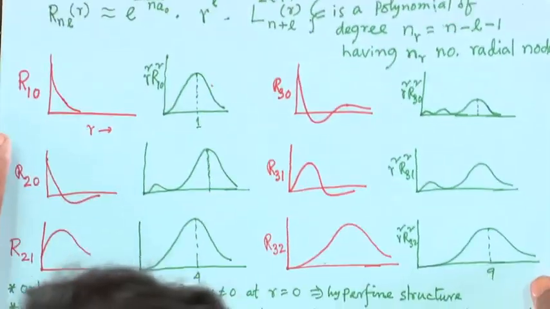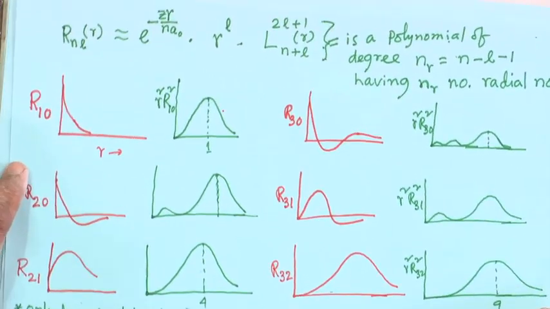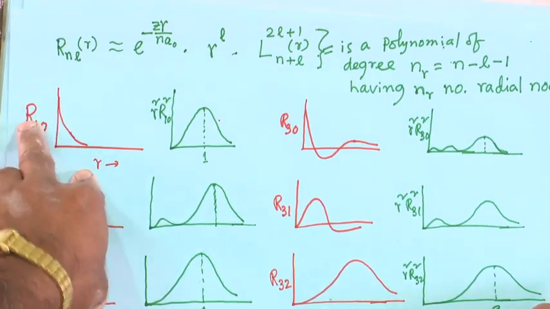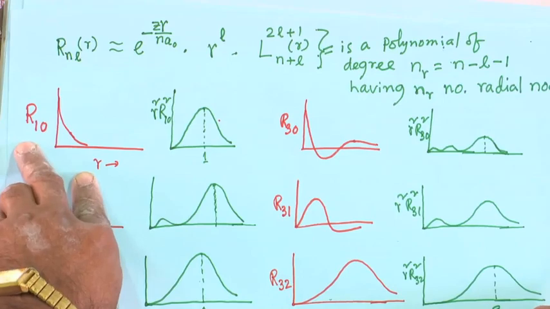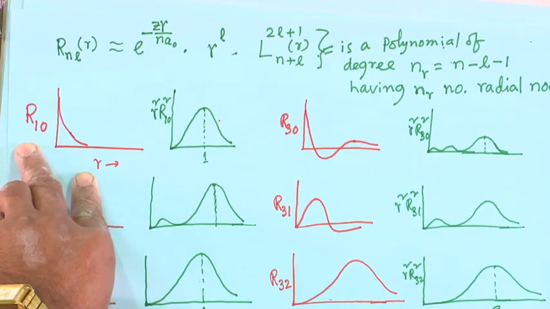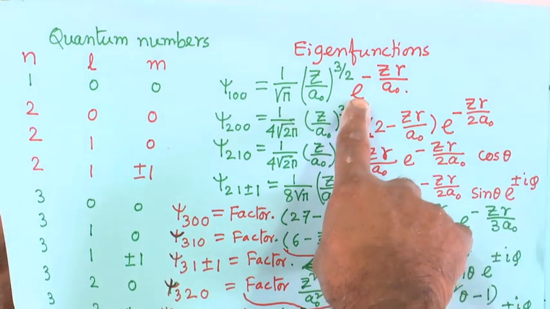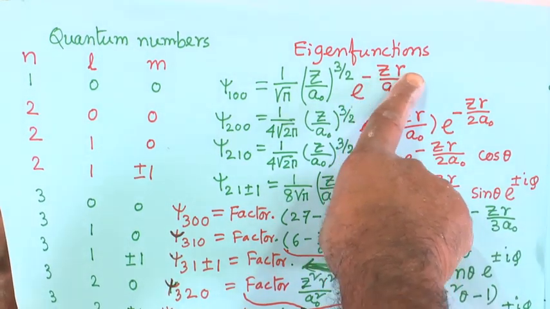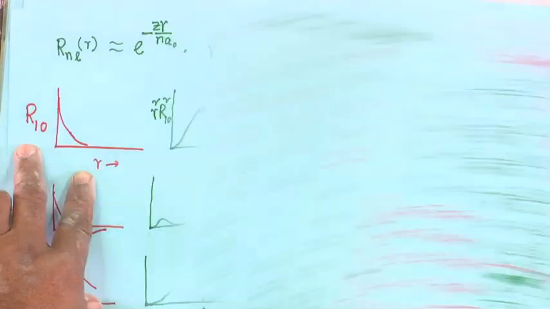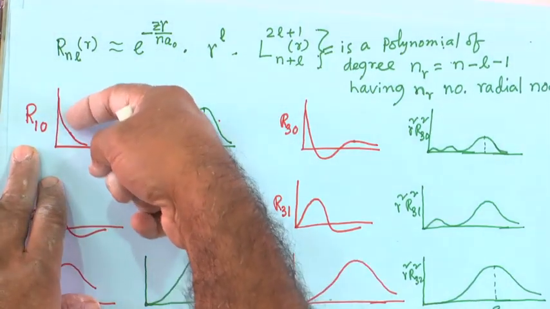For n equal to 1, l equal to 0, the explicit form of the wave function varies like e to the power minus r. It decays exponentially with r.